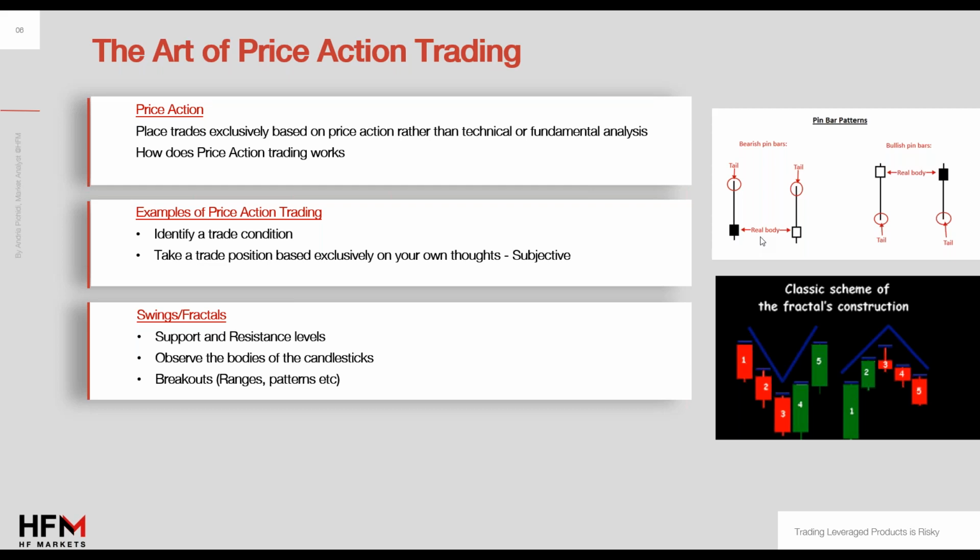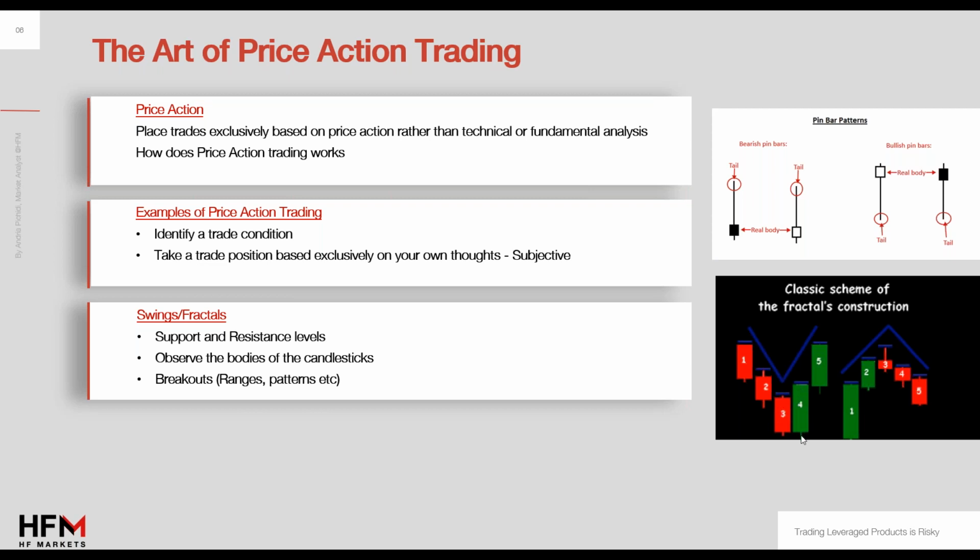So as I said, the body matters. If we have a small body candle, we need to question who is in control, whether the momentum is rising for bears or for bulls. If we have a big body candle, that's a bit easier.